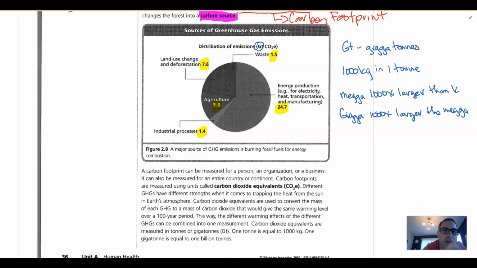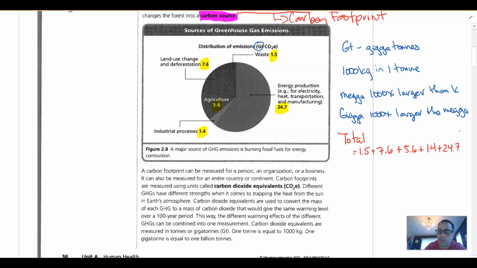So if I wanted to look at the total amount of greenhouse gas emissions, I would add 1.5 from the waste. I'd add the 7.6 from the land use. I'd add the 5.6 from the agriculture. I'd add the 1.4 from industrial, and I'd add the 24.7 from energy production.